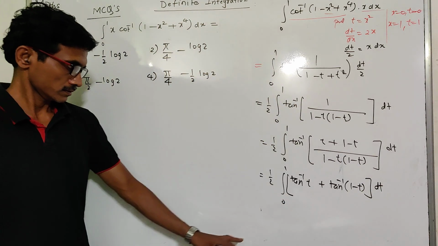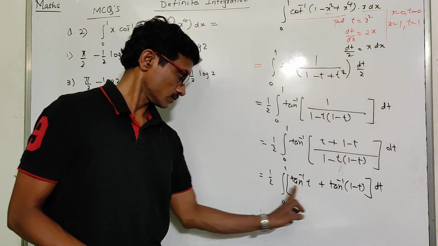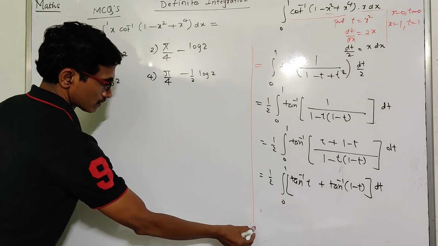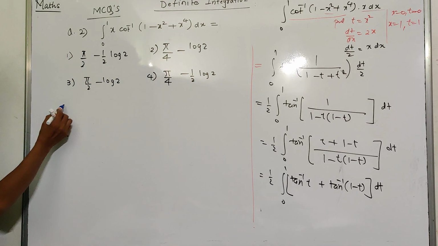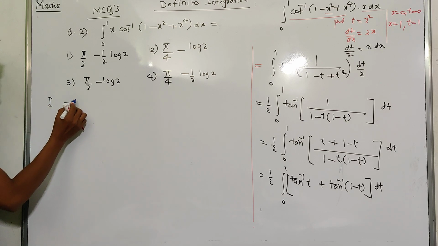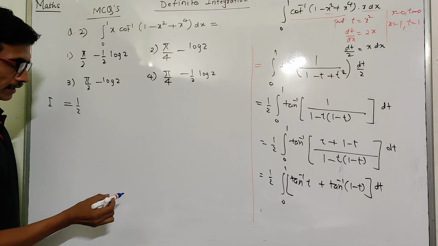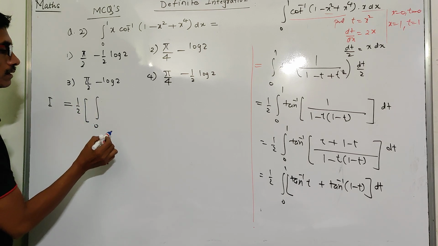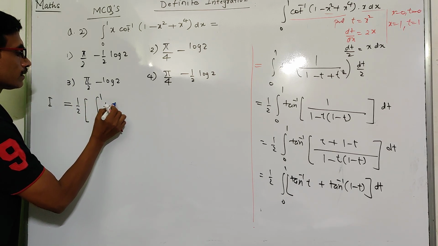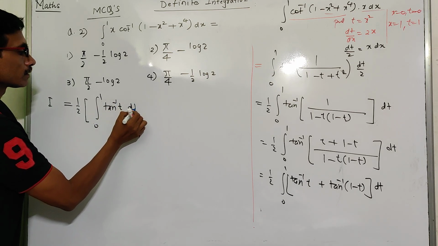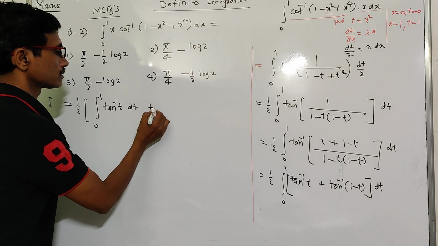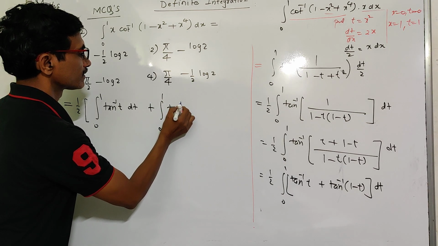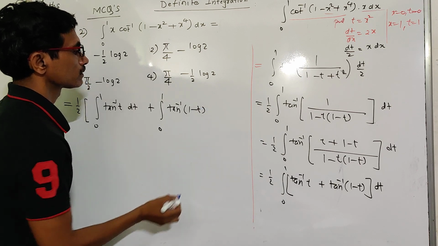So that we separate it, 1 by 2 is there outside. Separating this, integral I is equal to 1 by 2 times the integral from 0 to 1 of tan inverse of t dt plus the integral from 0 to 1 of tan inverse of (1 minus t) dt.